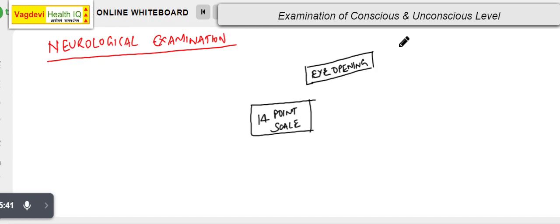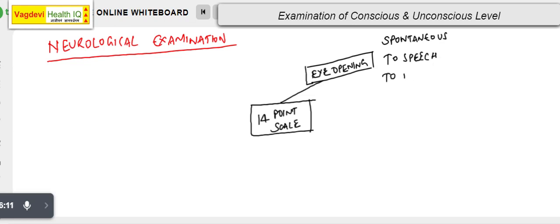Here they have given numbers to the subcomponents. We studied spontaneous. Then we studied eye opening to speech. No, Rohit, it is speech, not pen first.